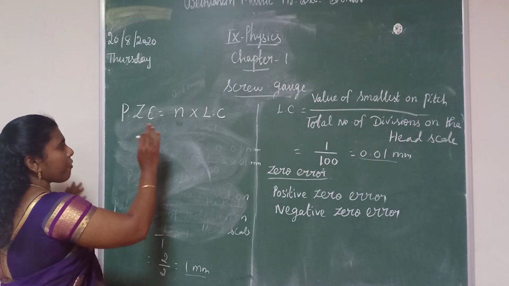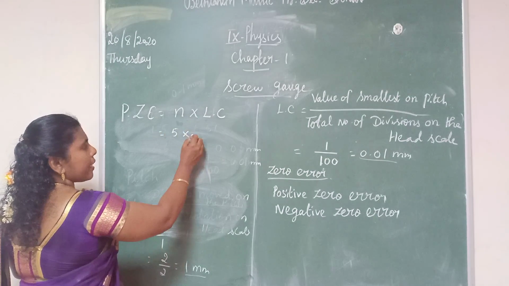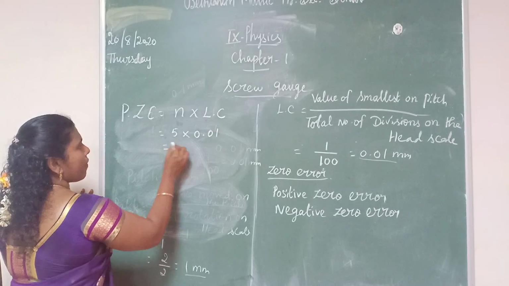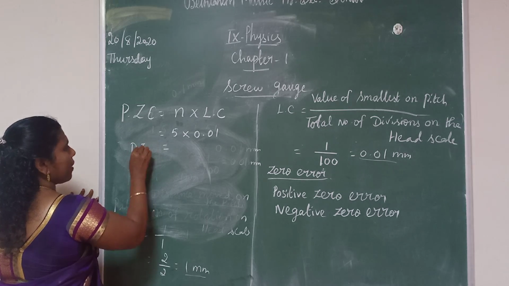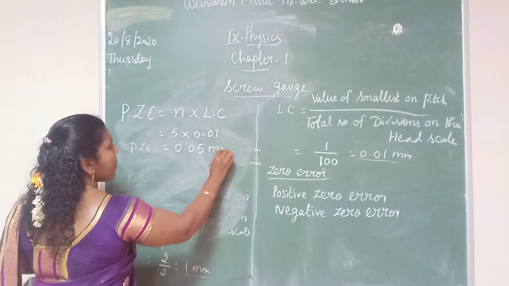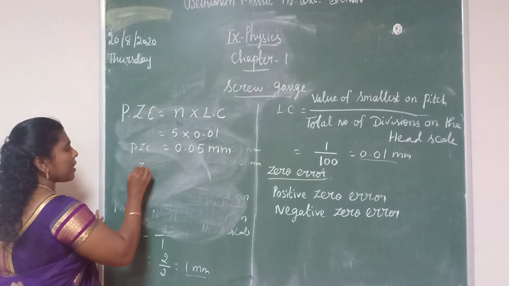Suppose it is the fifth division that coincides. So 5 into the least count 0.01, you will get the positive zero error equal to 0.05 millimeter.